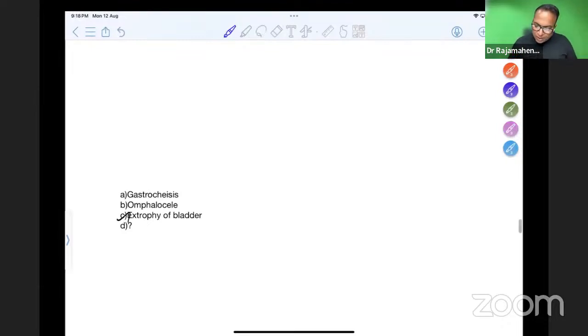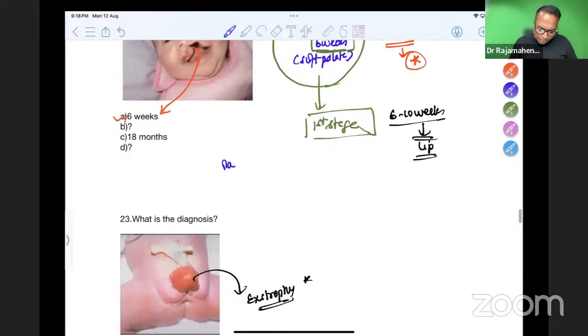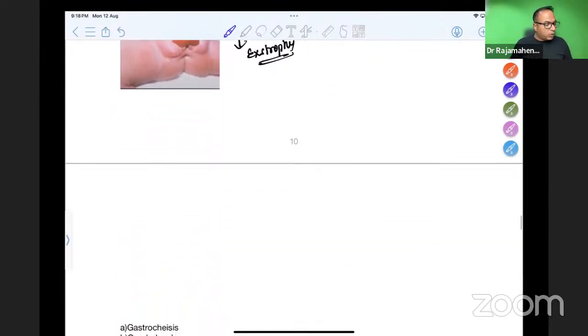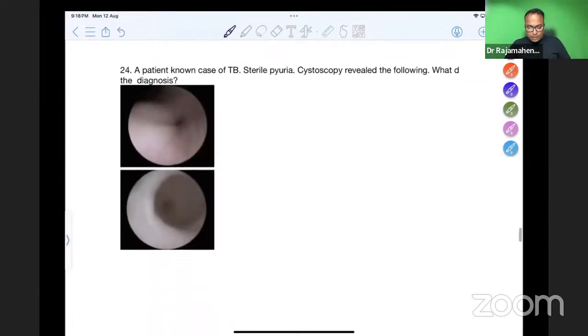You can go open and see page number 740, where they have explained the various times of surgery for cleft lip and cleft palate. If you read this concept in Bailey, you will immediately recall the question perfectly.